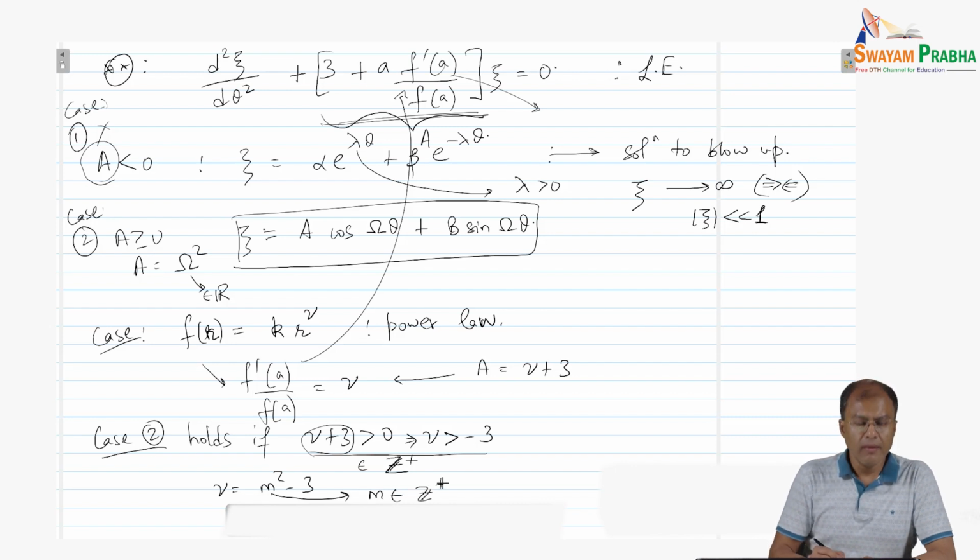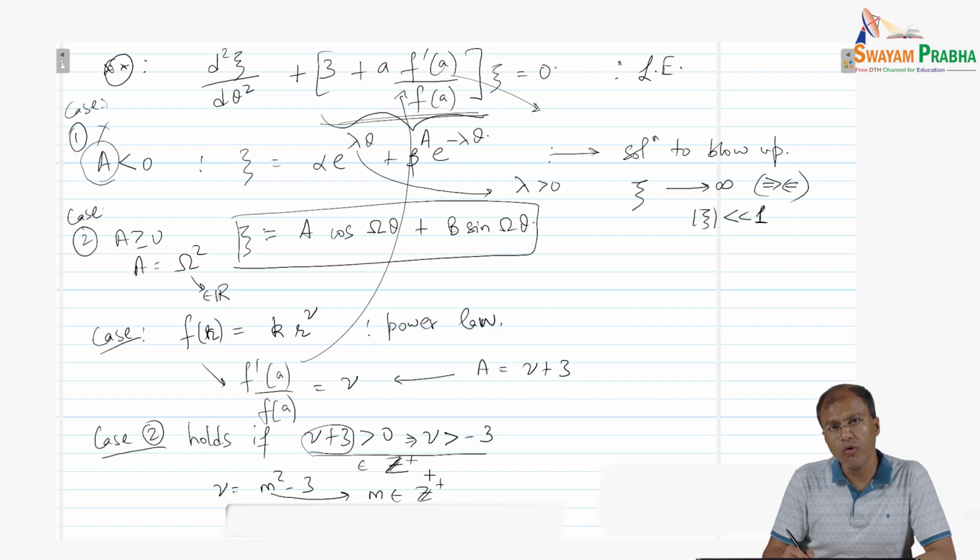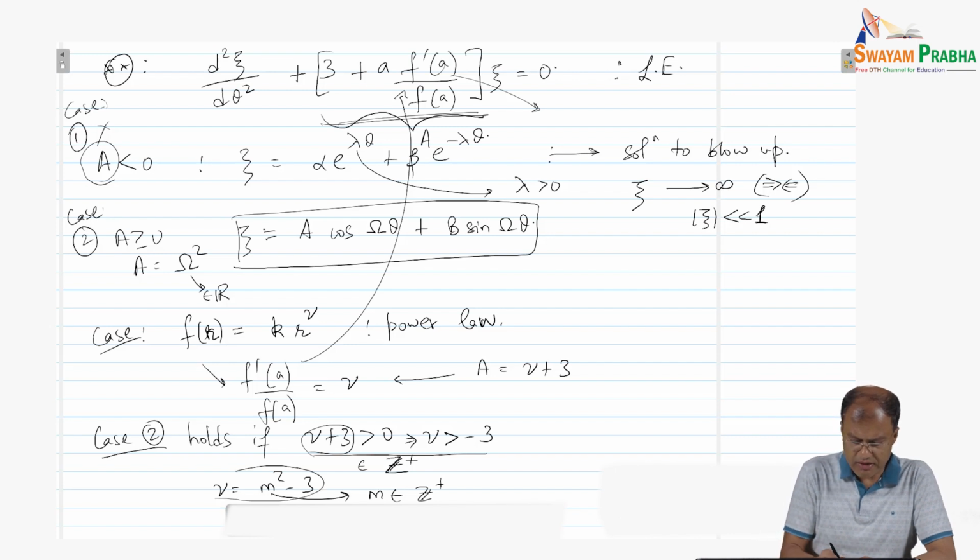It doesn't matter whether it is positive or negative, we are using m square. Why is that the case? Because we want the orbits to be not just bounded, but closed as well. We had just seen that is only possible when the revolutions are a rational number times 2 pi, or a number of revolutions, right? So that is why this relation is coming.